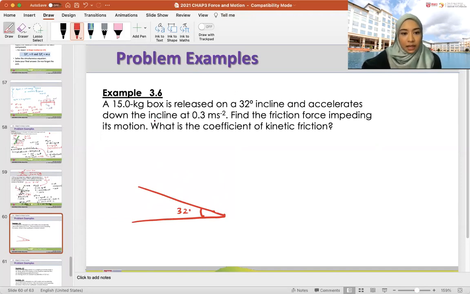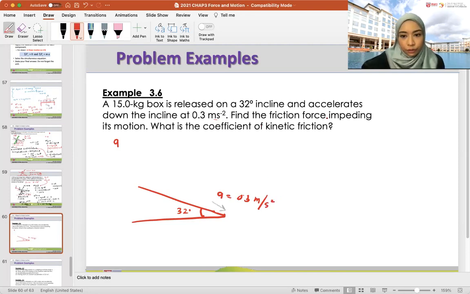And it accelerates down the incline at 0.3 meter per second squared. So the acceleration is this way, A equals 0.3, accelerating down, so the motion is to the right, down the incline.